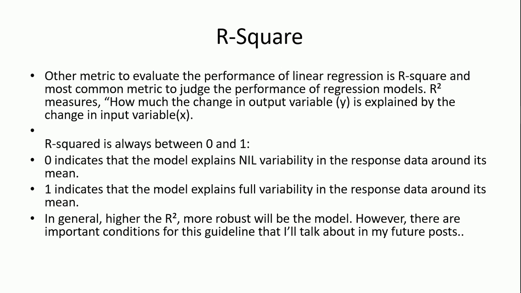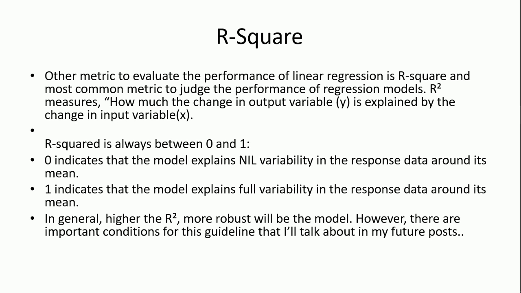The R square metric is one of the most used metrics to evaluate the performance of linear regression. It measures how much the change in the output variable is explained by the change in the input variable. If we change the independent variable by some quantity, to what extent does it change the dependent variable?